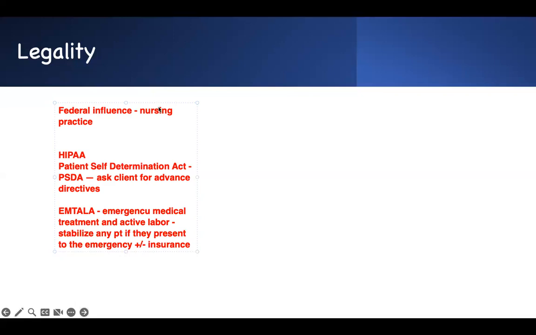Of course, the bulk of your practice is influenced by state law. Wherever state you are in, you've got to figure that out. The state designates some areas for you to be influenced through your nursing association.